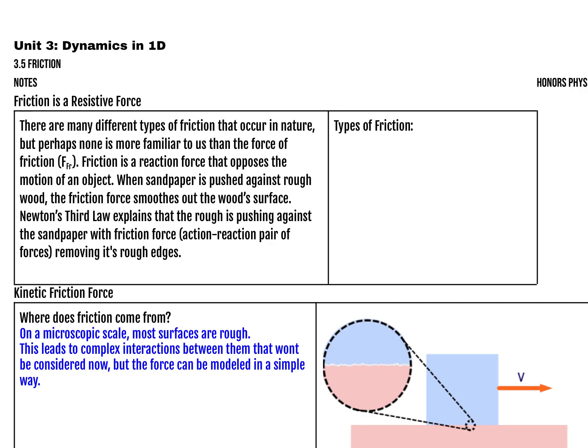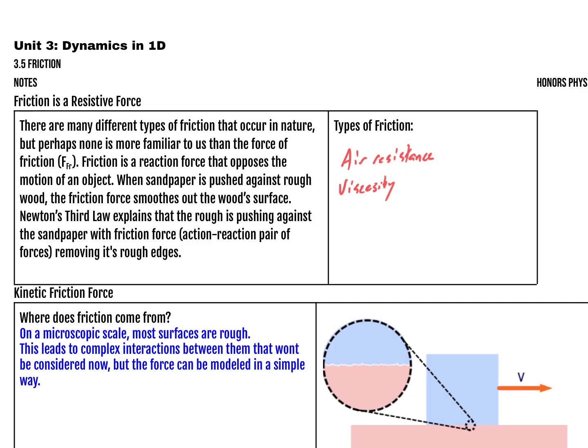Sandpaper, anything against rough edges obviously creates more friction. And there's a couple of different types of friction that we'll talk about. We know we have air resistance. That is the resistance of the air, obviously. We have viscosity. And that's kind of like the thickness of fluid, like think honey versus water and oil, those kinds of things.